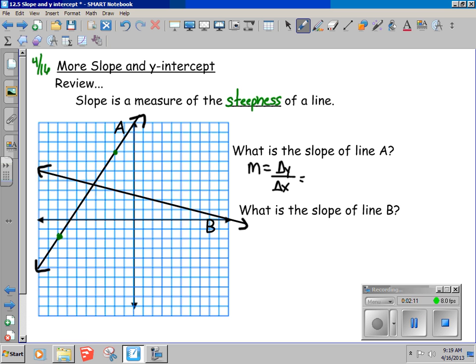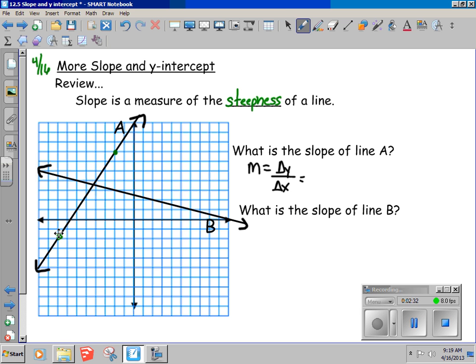Okay, somebody want to come up here and model how they're going to count the change in y and the change in x for everyone? You can draw in the triangle. Oh, lots of volunteers. All right, Mason, you seem like you're struggling a little, so let's see if you can get it. Okay. It doesn't matter whether you pick the low point or the high point.